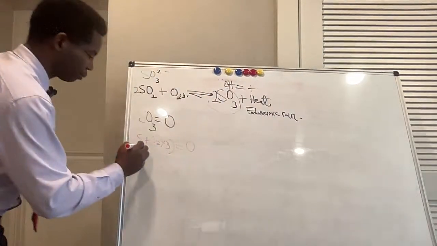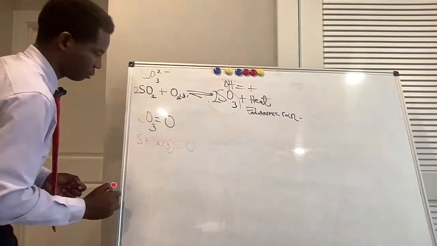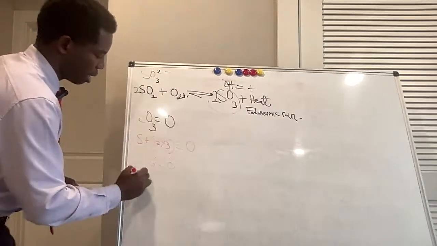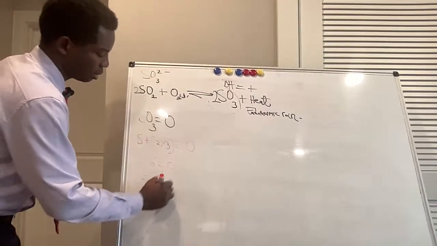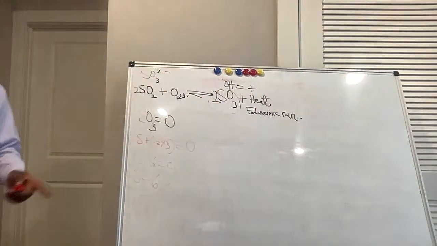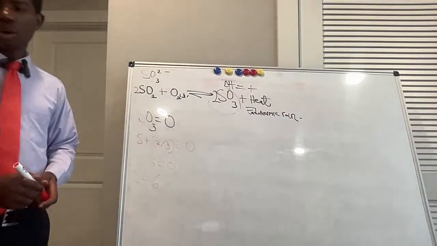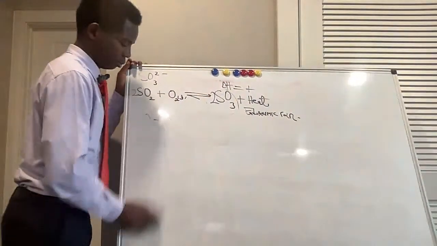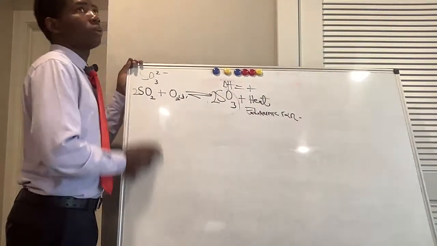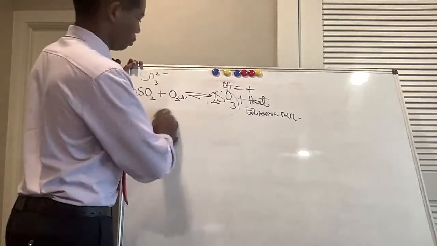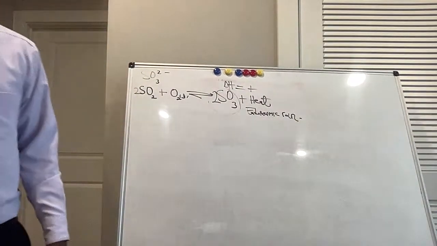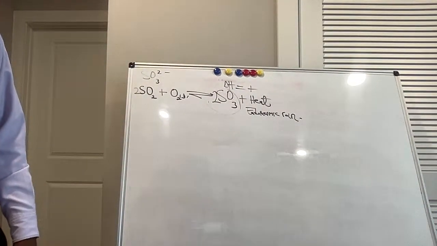So we have S minus 6 is equal to 0. S is equal to 6. That is why it is called sulfur 6 oxide. We'll treat this separately as a topic.